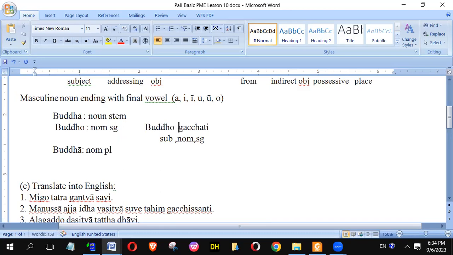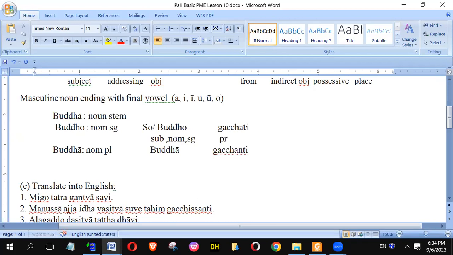Instead of 'so', we change it to Buddha, which becomes Buddho. So Buddho gacchati. But when it ends with a long A, it's a nominative plural, so we have to change accordingly. So Buddha gacchanti.